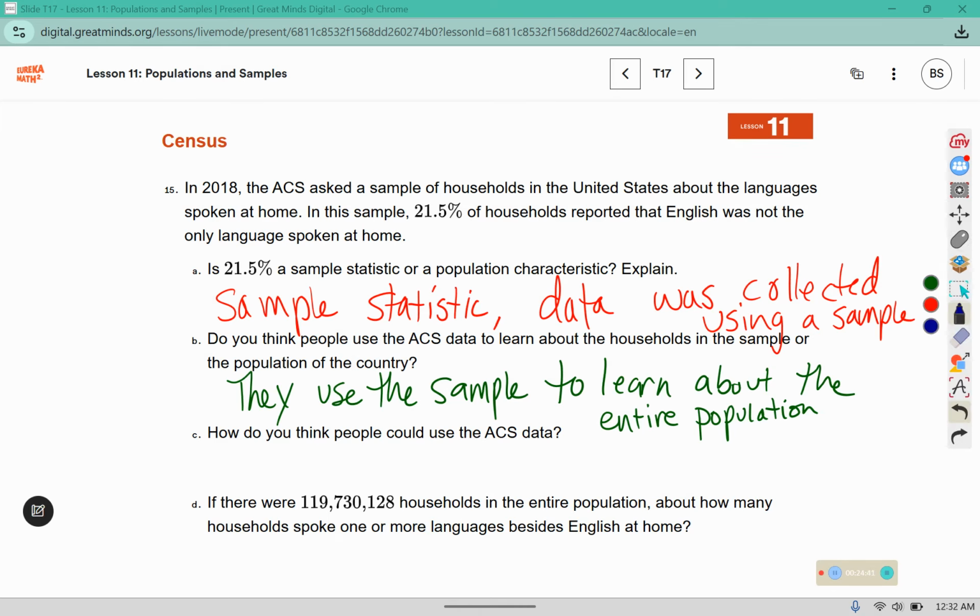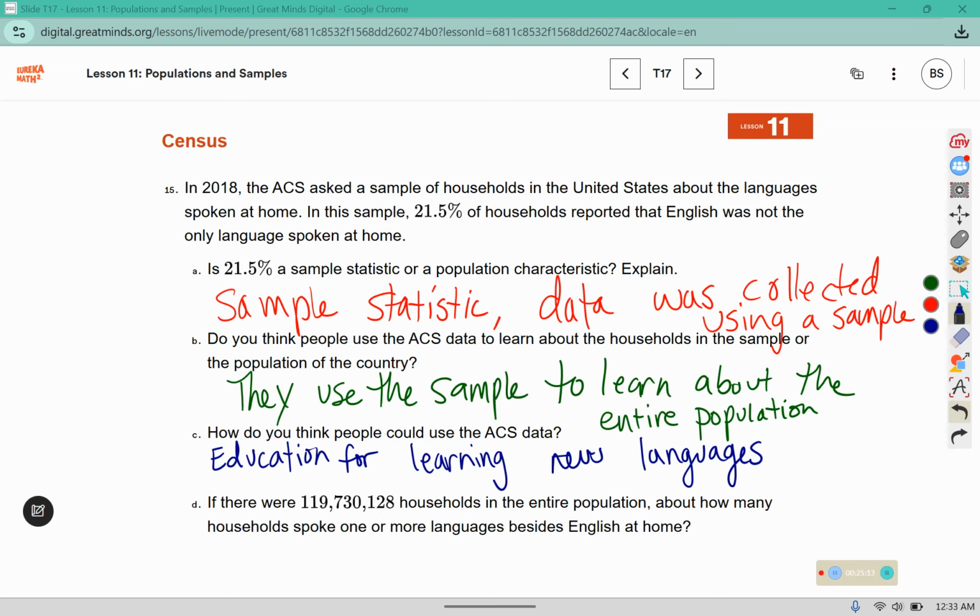There could be programs created to learn other languages. It could also help people determine if they needed to create signs or posters or advertisements in other languages as well.